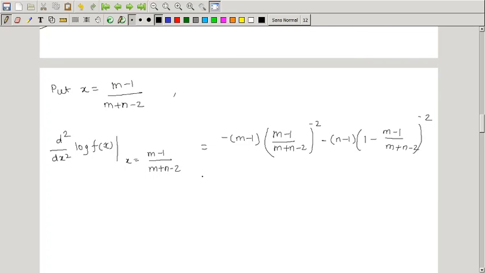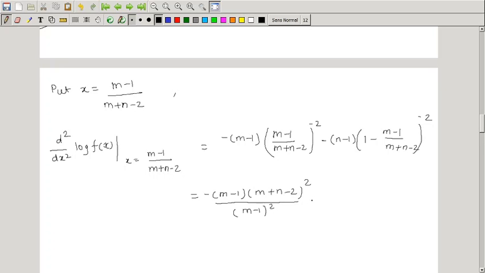After solving this, we get minus (m - 1), and the denominator of the denominator gives (m + n - 2) square divided by (m - 1) bracket square.